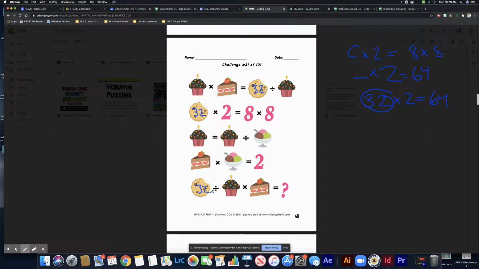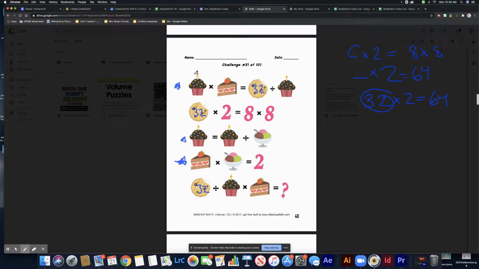Now, this next step of the problem can be difficult because I have to look at all three of these to figure out what my remaining variables are. So just to make it easier on me, I'm going to change all of the symbols to letter variables.